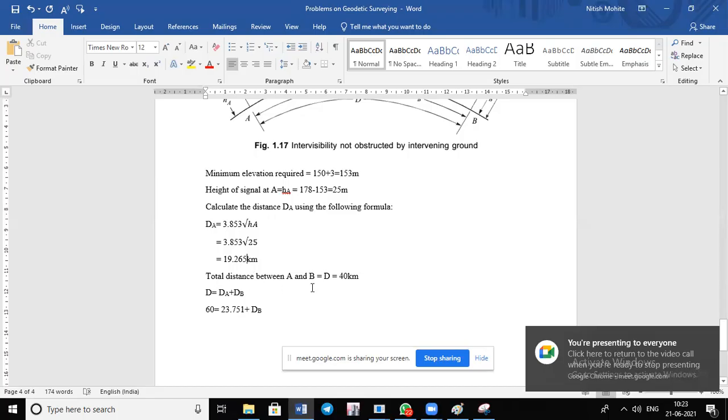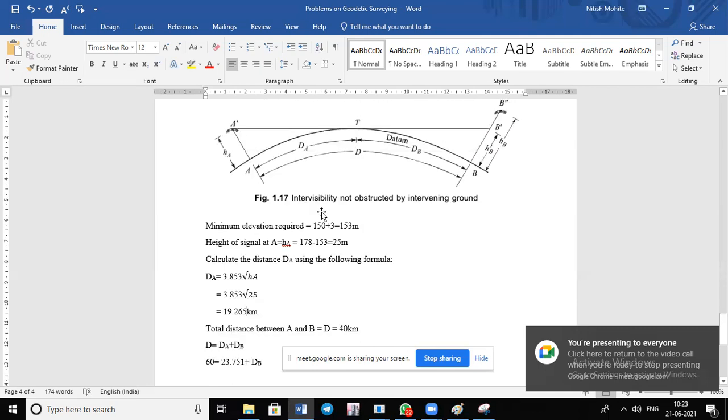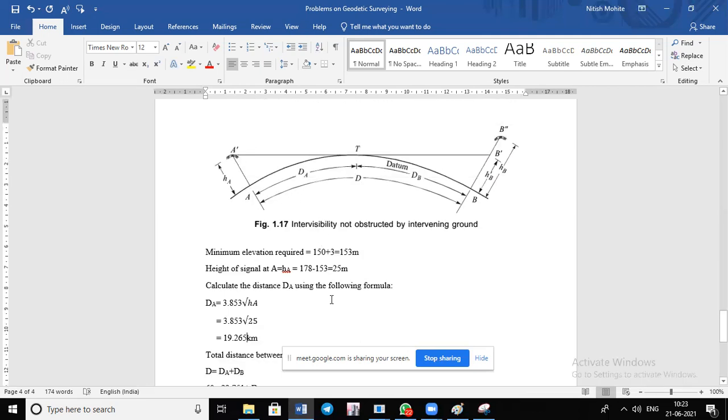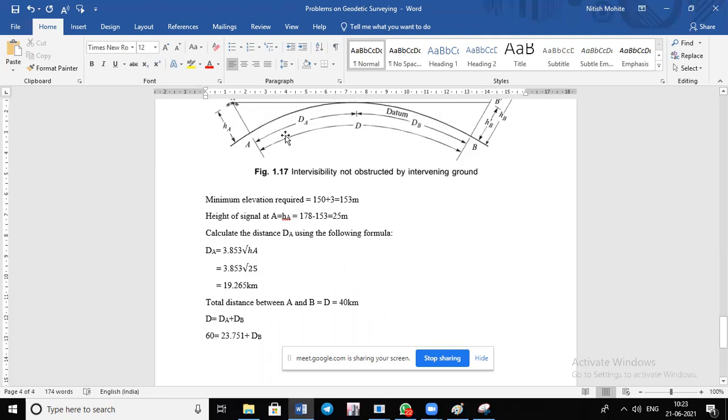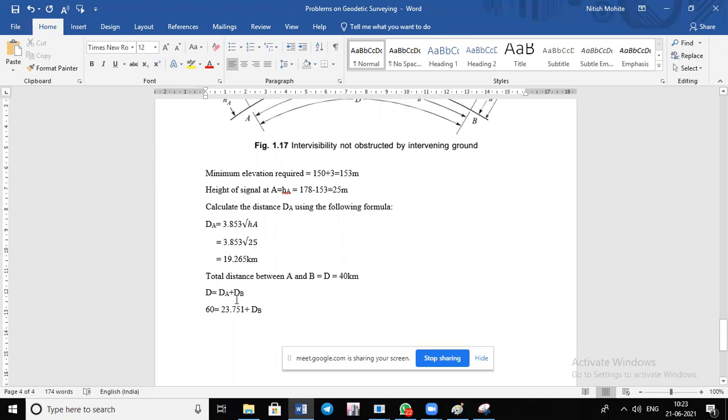So the total distance between A and B, that is D, is nothing but 40 kilometer. So we are knowing that the total distance is the addition of dA and dB. We are knowing this value, it is 40.